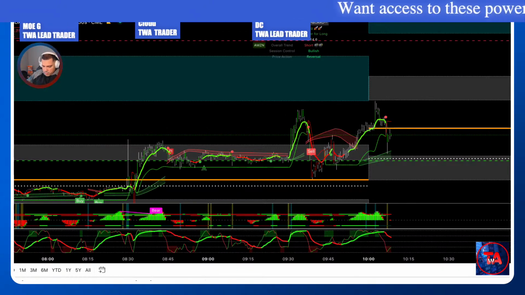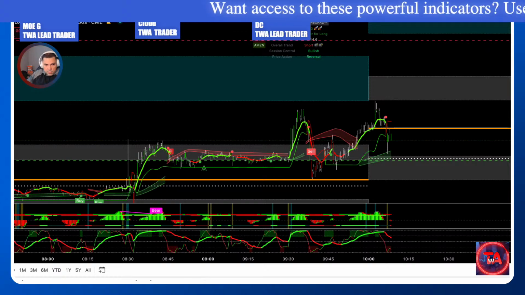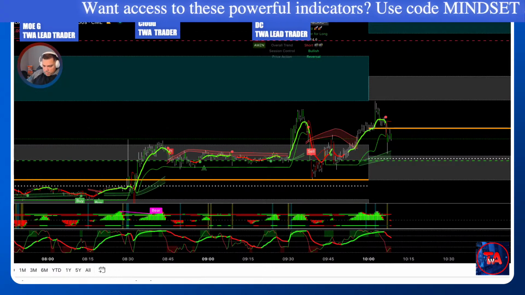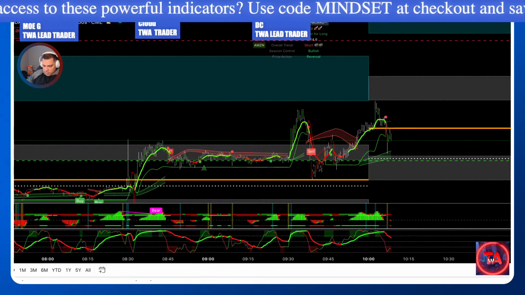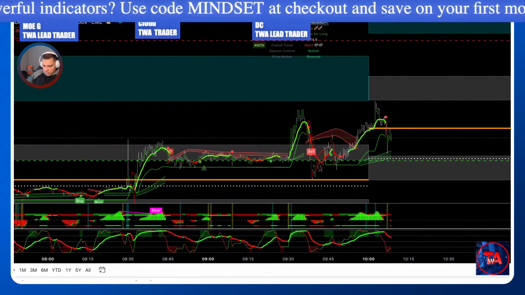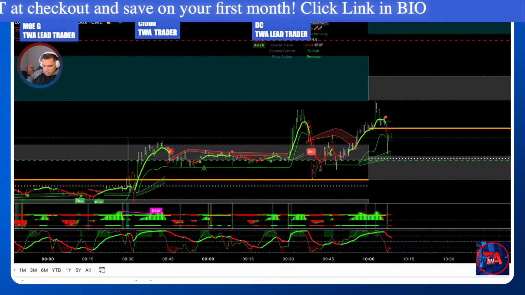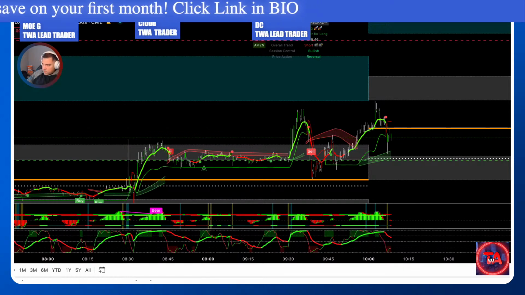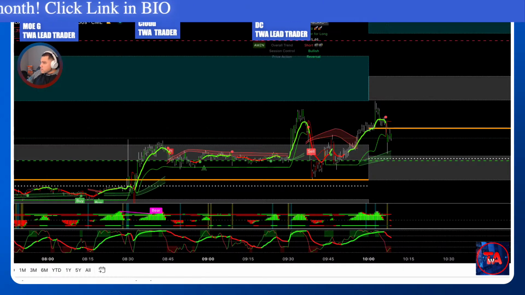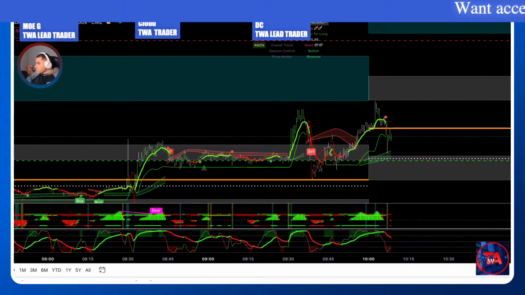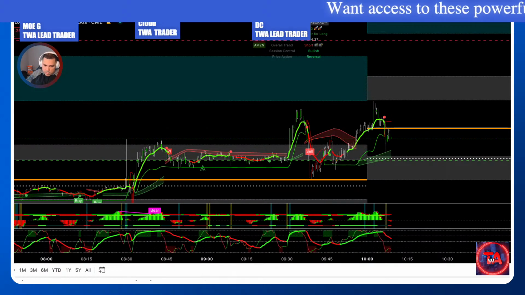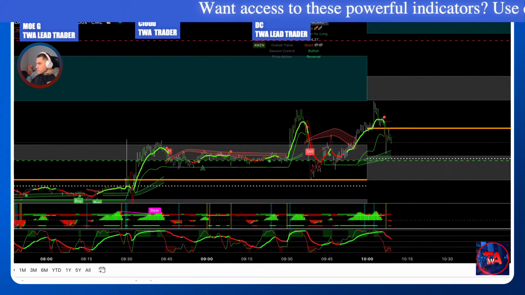I got 75. And that second trade did go about 50 points, and this last trade.